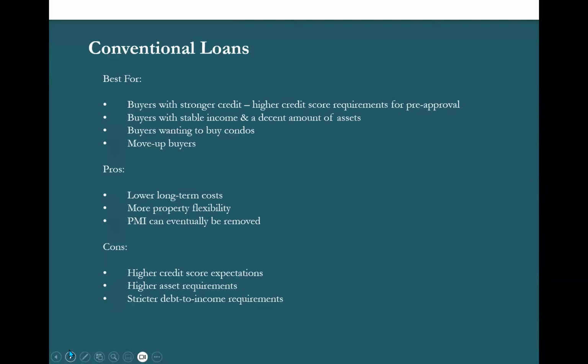Some pros to conventional loans are lower long-term costs because you're getting rid of that PMI, more property flexibility because all property types are available for the most part to go through conventional loans, and that the PMI can eventually be removed if you put 20% down or more. Some cons are that there are typically higher credit score expectations. You typically need more in assets saved up to go conventional, and they have stricter debt to income ratio requirements.